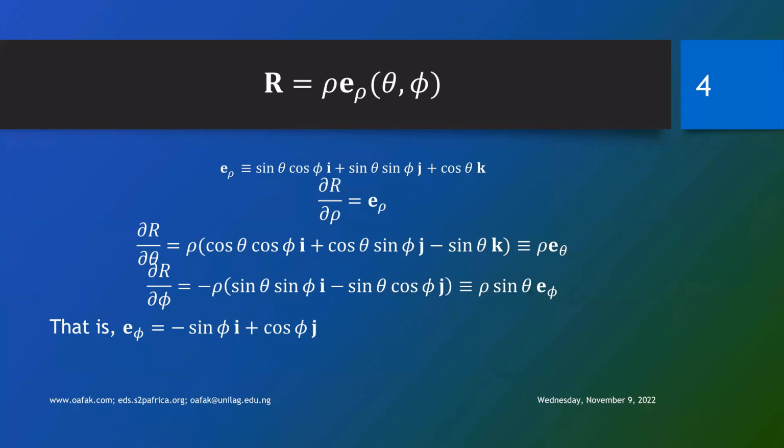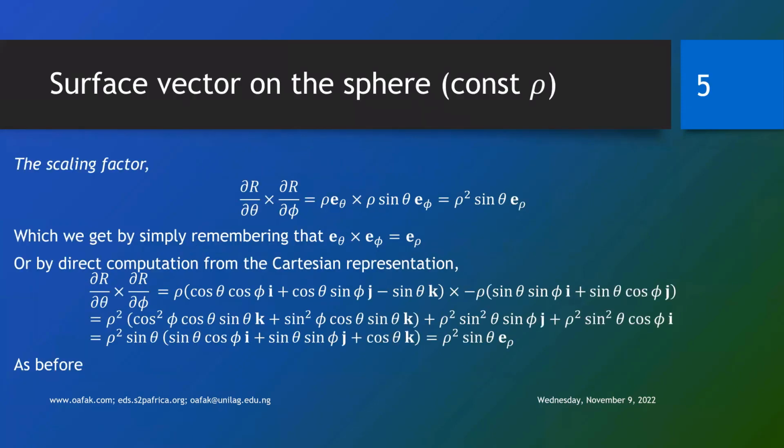So the next thing we are going to do, we are going to find the surface area vector factor. You remember from when we were dealing with Green's theorem and Stokes' theorem, we found the area. In Stokes' theorem, we find the area vector.